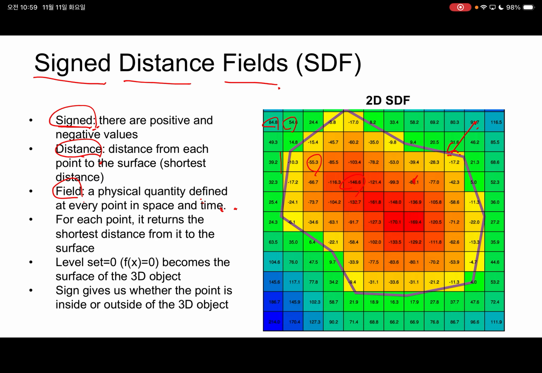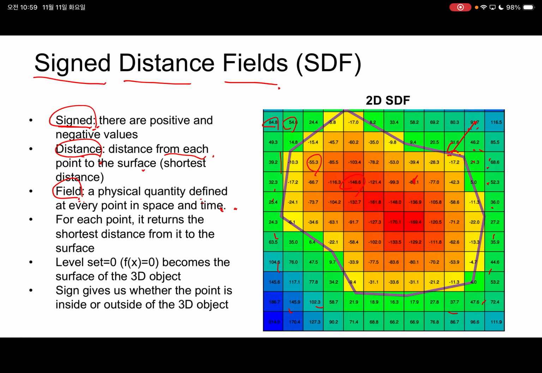For every point in the 2D or 3D space, it has some value. In the case of SDF, the value is the distance from each point to the surface. That is the reason we call this a field.